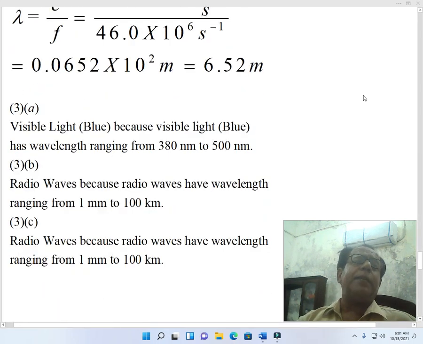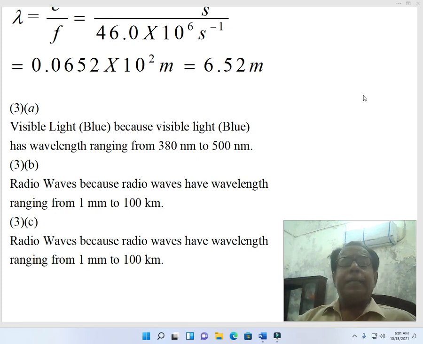Now we come towards the third part, which again has three sub parts A, B, C. Dear students, the answer of 3A is that the region of this wavelength is visible light blue, because visible light blue has wavelength ranging from 380 nanometer to 500 nanometer.